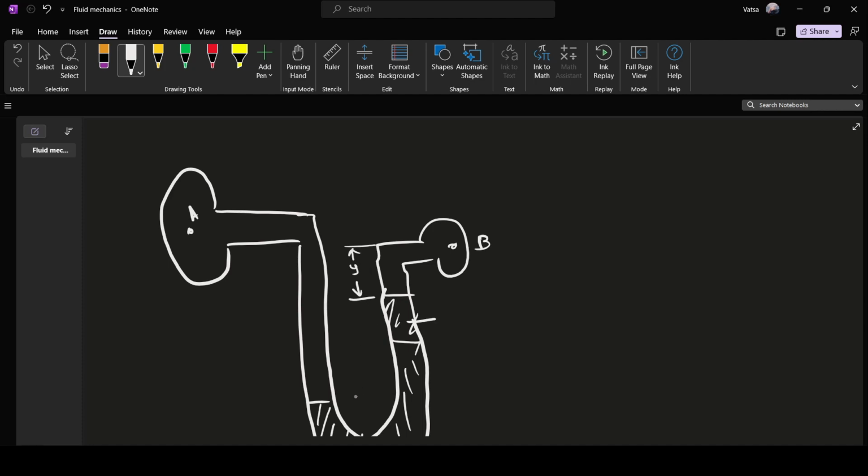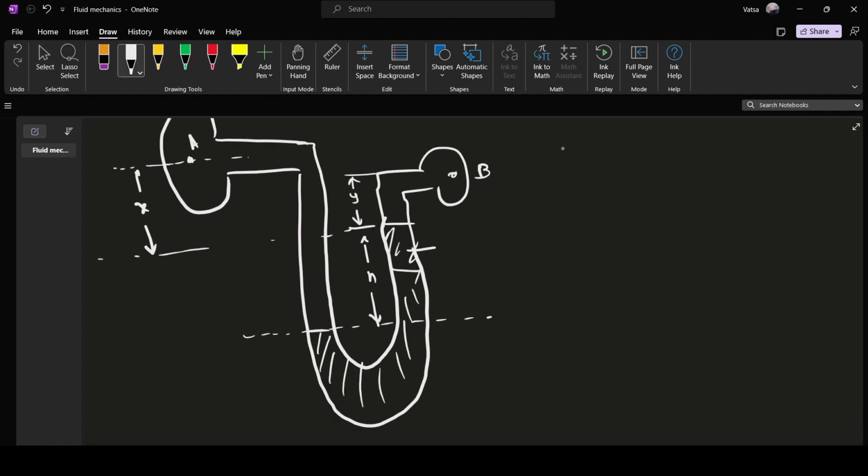And this distance, which is the datum line where both pressures are the same, we will consider as h, okay. And our distance from A here to this line, this one is x. Okay.